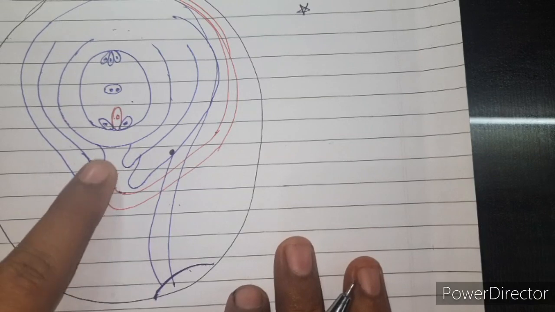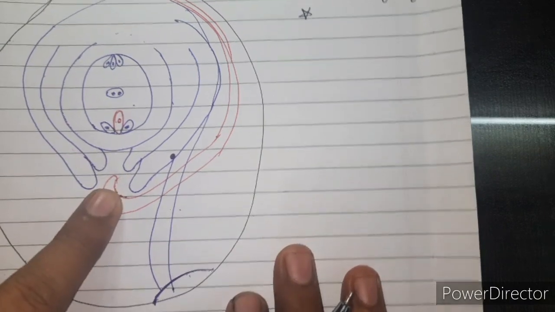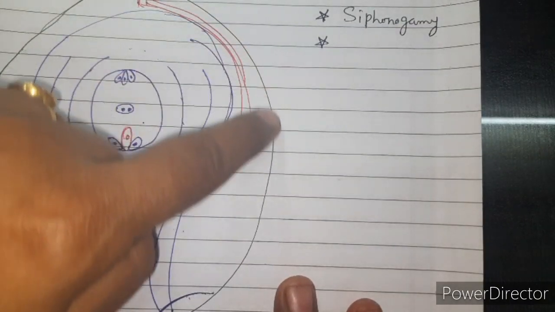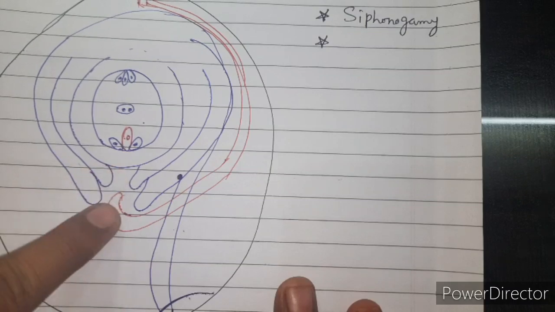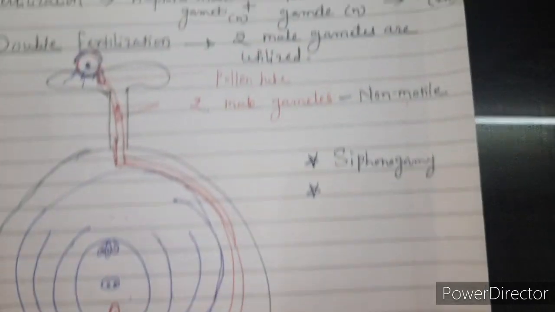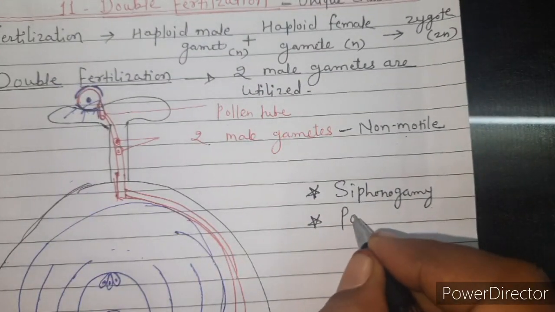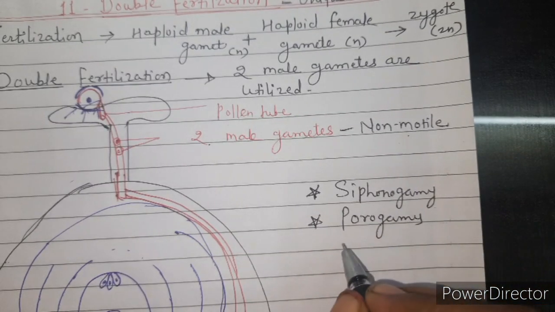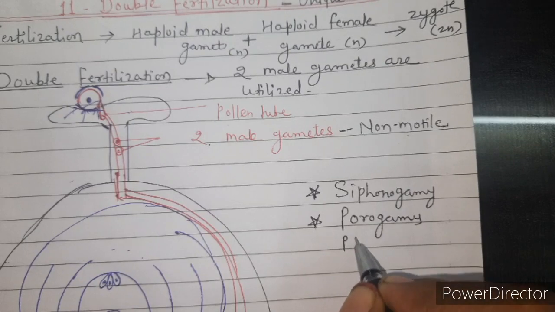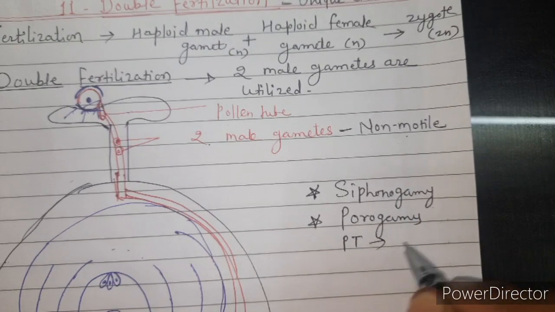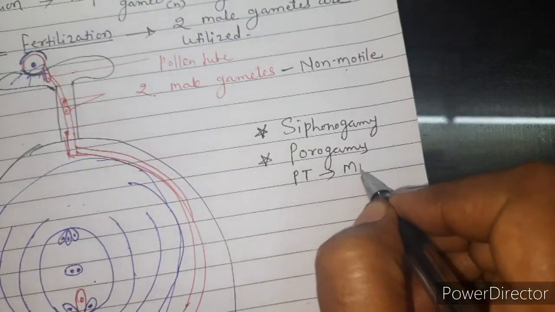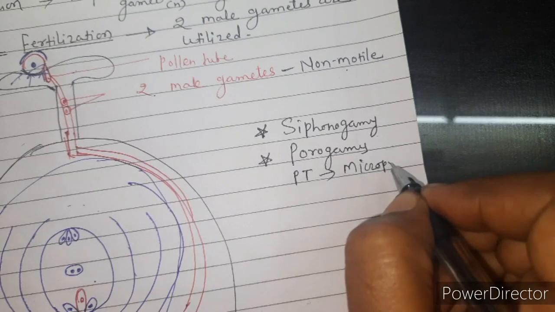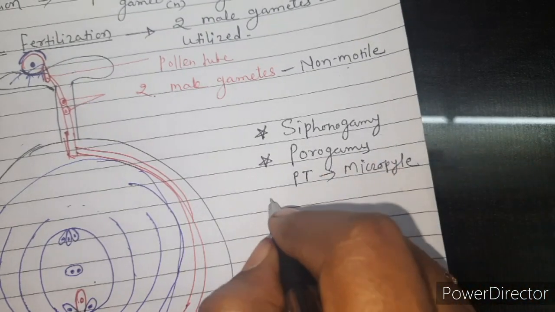This is the micropylar end. The entry of the pollen tube through the micropylar end is called porogamy. So, what is porogamy? Entry of the pollen tube through the micropyle is called porogamy.